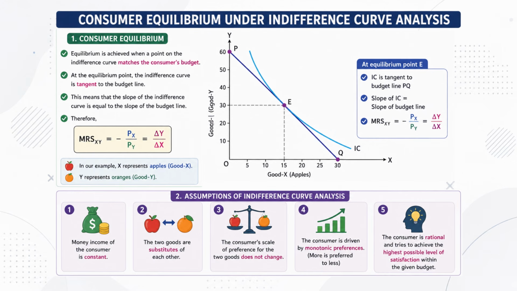This means that the consumer prefers to have more of the product. And fifth, the consumer is rational and tries to achieve the highest possible level of satisfaction within the given budget. But a noteworthy point is, even indifference curve analysis depends on satisfaction associated with cardinal numbers such as 15 apples and 30 oranges, or 20 apples and 20 oranges, etc.